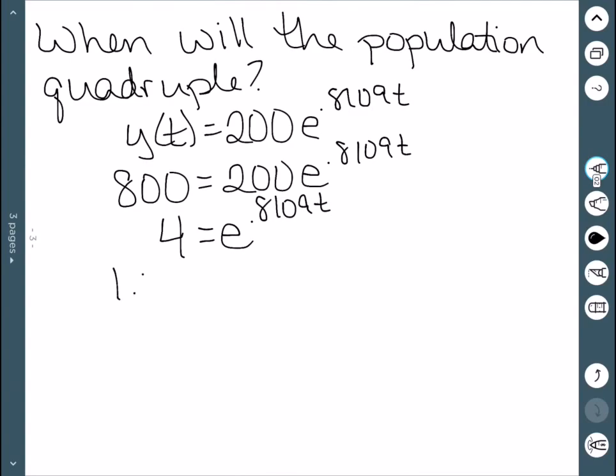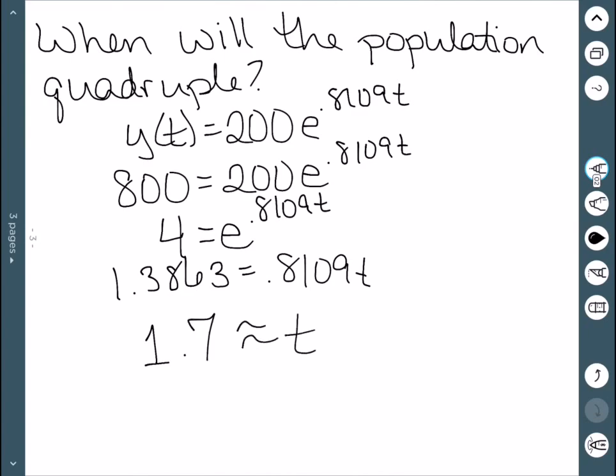That gives us 0.13863 equal to 0.8109 t. And then dividing gives us 1.7 approximately. So our population will quadruple in approximately 1.7 hours.